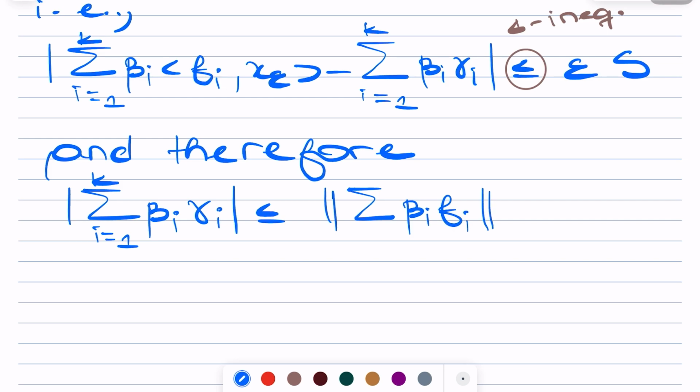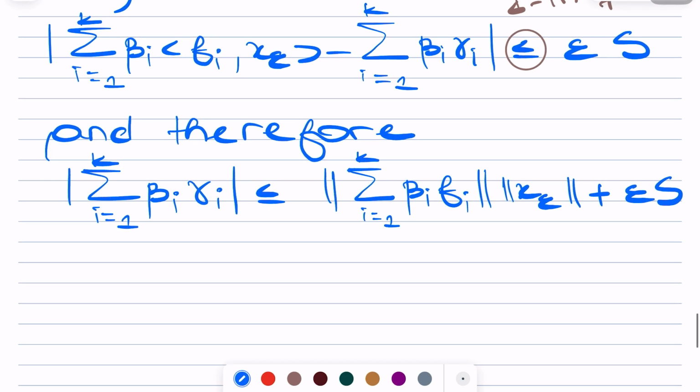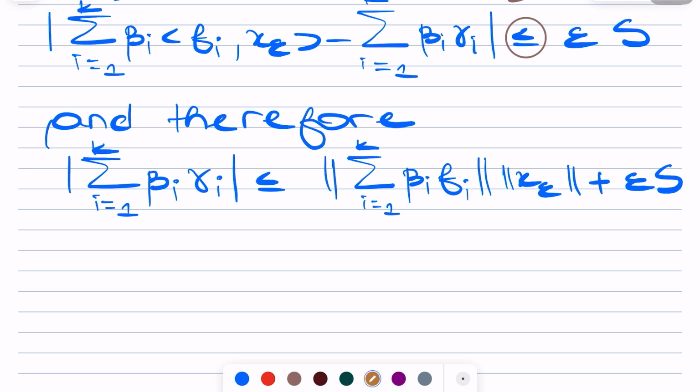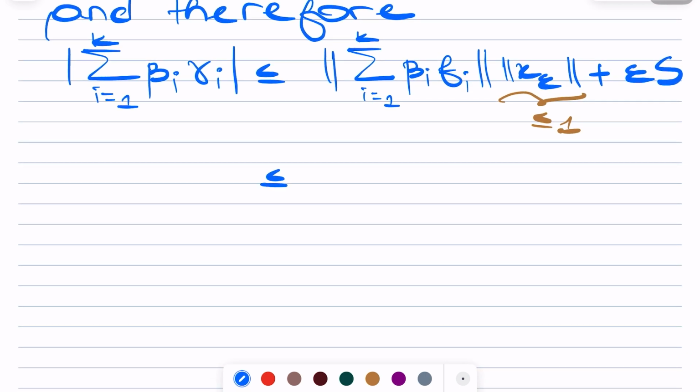This is the operator norm, and the norm of x epsilon, plus epsilon s, i moving from 1 to k. So this is just the reverse triangle inequality, and we also use the continuity of the beta i phi i. But by the assumption the norm of x epsilon is less or equal than 1, so you can further bound that term by the operator norm of the summation of beta i phi i, i moving from 1 to k, plus epsilon s.